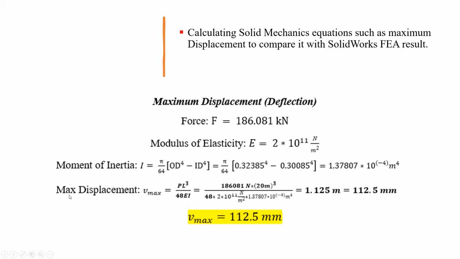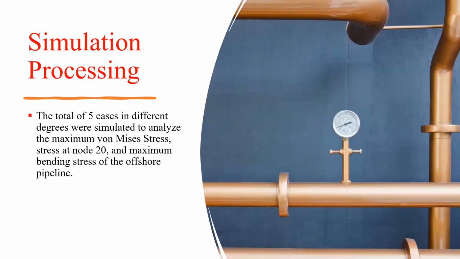The equation of the maximum displacement is equal to force times length of the pipe to the 3rd power divided by 48 times modulus of elasticity times moment of inertia. The final value of the maximum displacement is equal to 112.5 millimeters.